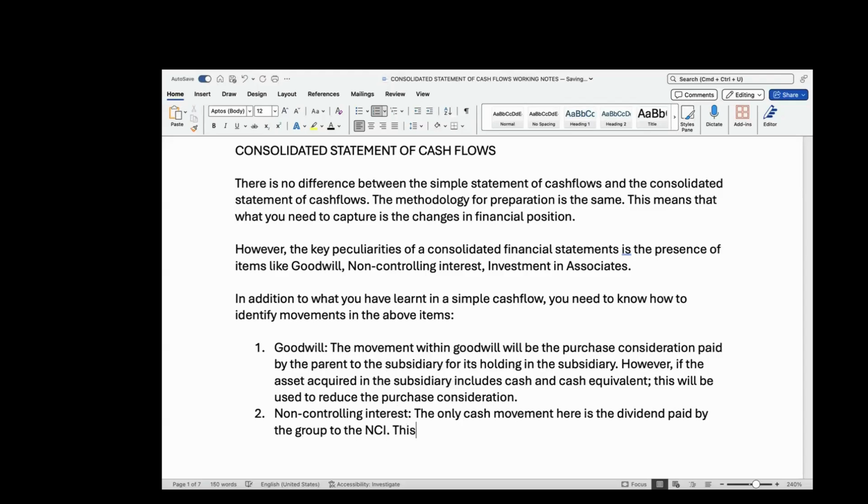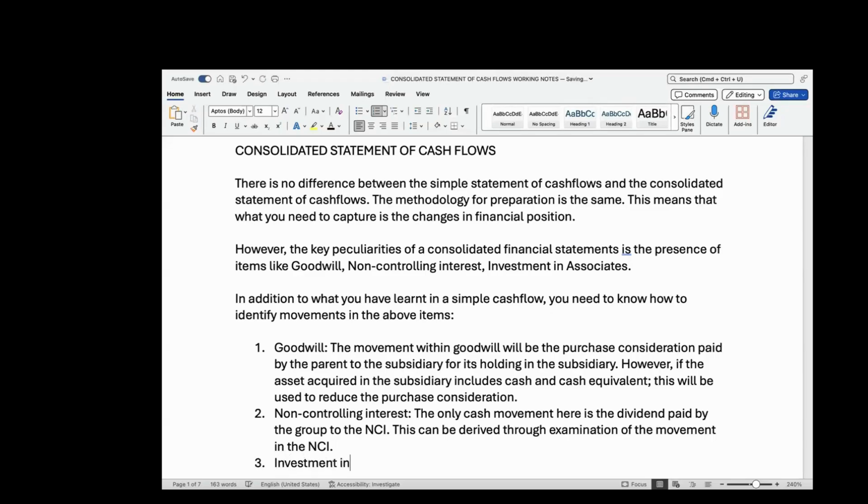And this can be derived through examination of the movement in the NCI. You will get this cash movement, this dividend paid, as a balancing figure. That's just the only new thing here.